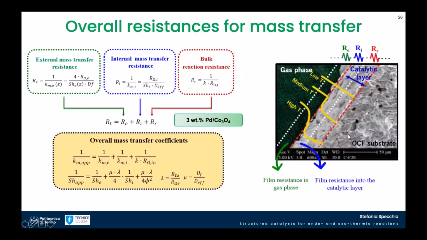Okay. So we studied the mass transfer by using the concept of the overall resistance, so the external plus internal resistance and the bulk reaction resistance.